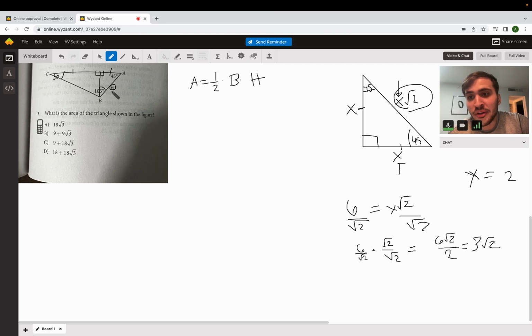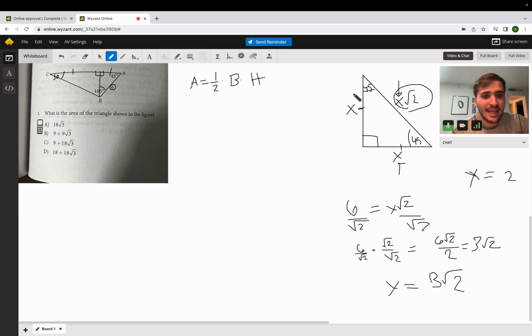By setting the hypotenuse of this triangle, which is a 45, 45, 90 triangle, to the ratio of the generalized form of a 45, 45, 90 triangle. Okay, they're always going to be proportional. That's why we can set them equal to each other. And that's how we got x, right? So x is equal to 3 radical 2.